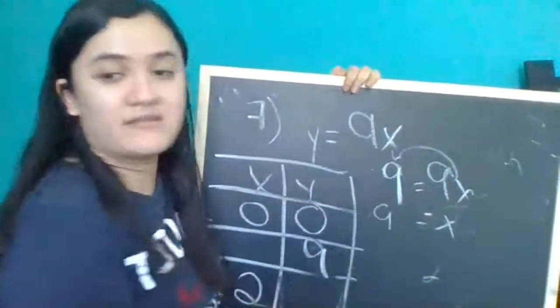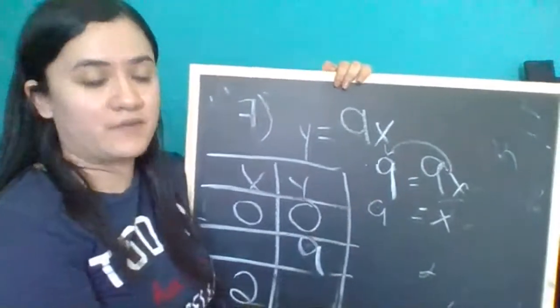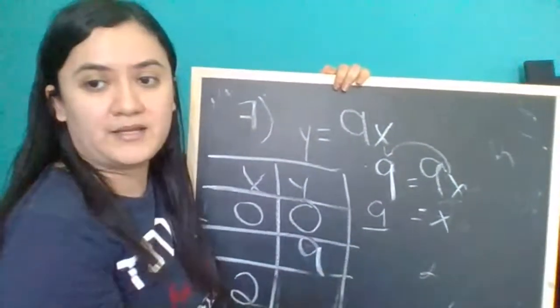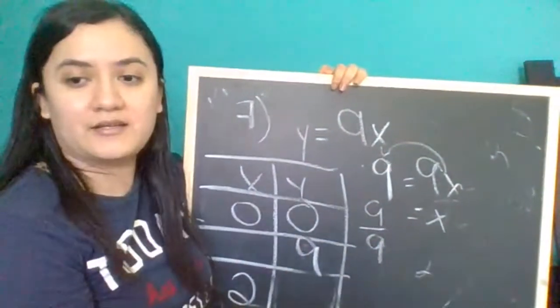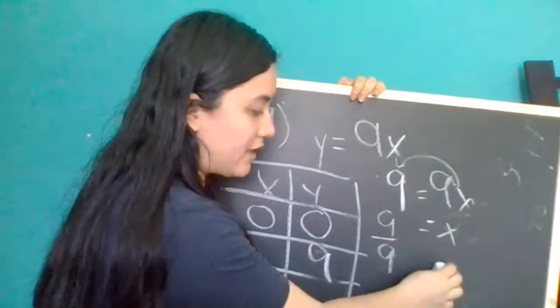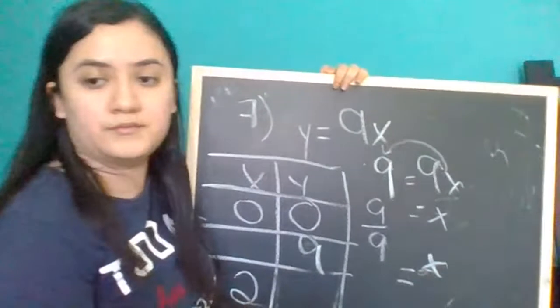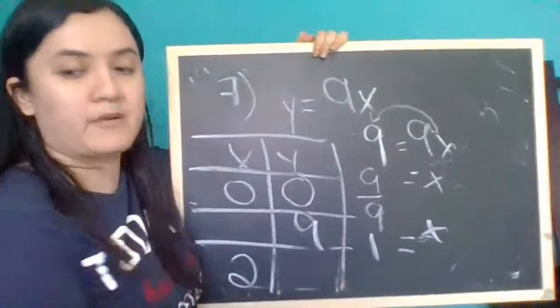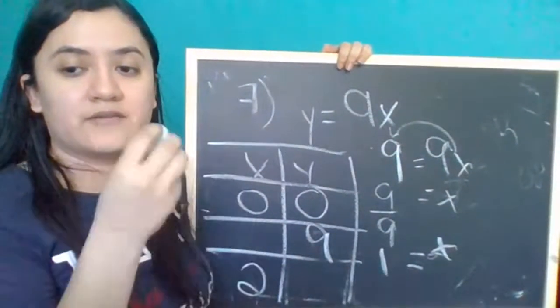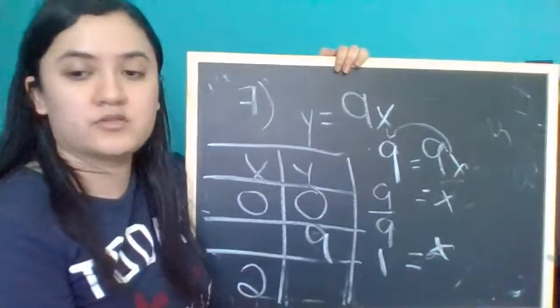And what is the opposite of multiplying? Dividing. Very good. So it will be 9 divided by 9. And 9 divided by 9 equals 1. Very good. Any number divided by itself equals 1.